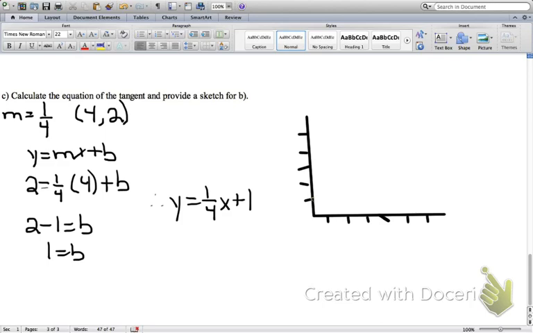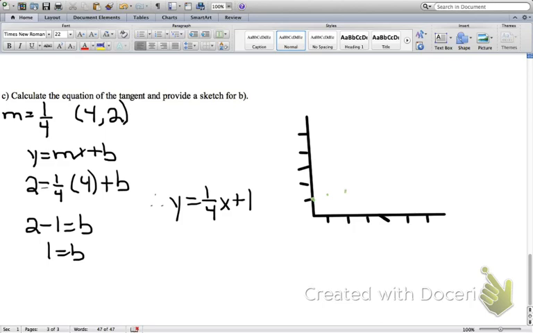Now what about when our x value is 1? When x is equal to 1, if we sub that in, we have 1 times 1/4, which is 1/4, plus 1. So it's 1 1/4. If we look at 2, we sub in for our x, so we're going to have 1/2 plus 1, so 1 1/2.